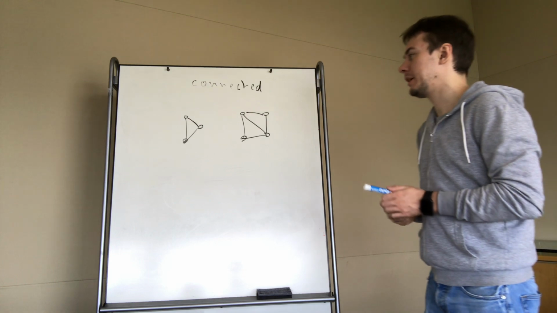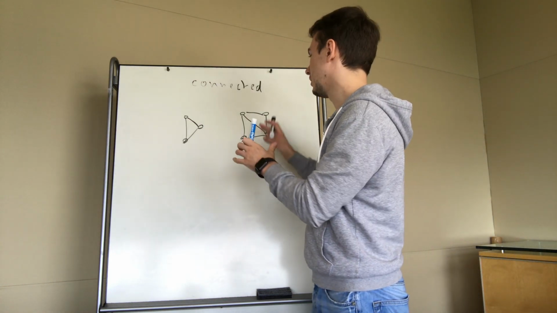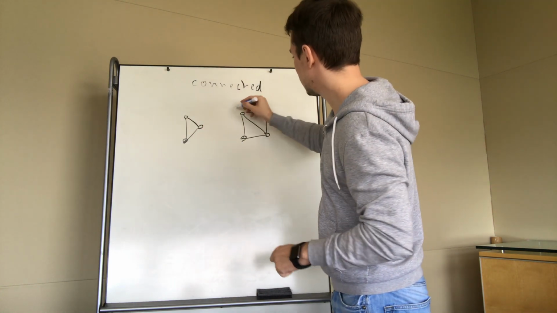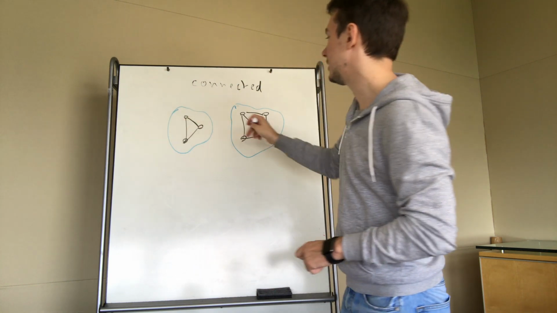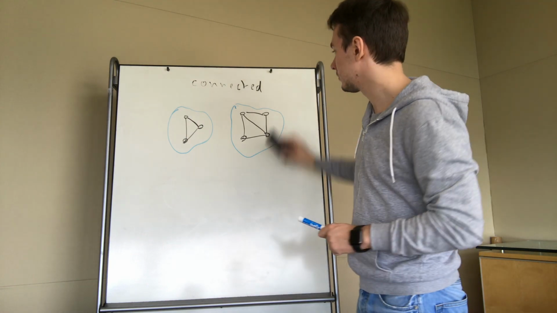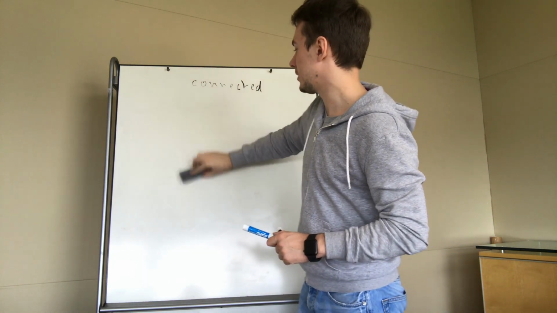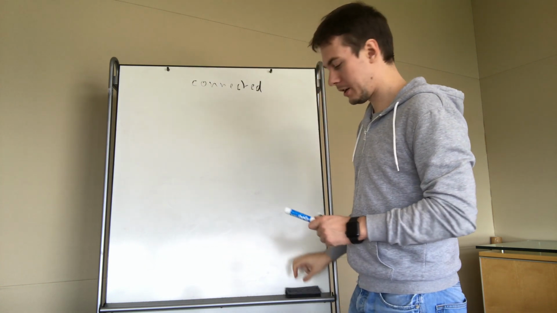To check the planarity of this graph, we just need to split this graph into two connected subgraphs and check the planarity of each subgraph separately. So this algorithm allows us to check the planarity of any graph.